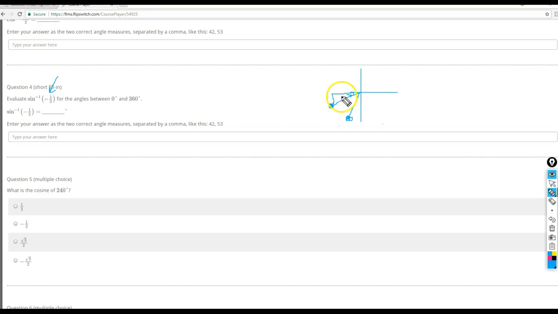now this is how I remember it. 30 is the smallest angle, so the side opposite 30 is going to be the smallest side. And in a 30, 60, 90 triangle, you have the side measurements of 1/2, the square root of 3/2, and 1. And the square root of 3/2 is greater than 1/2. So then I know that the y is 1/2 and the x coordinate is the square root of 3/2.